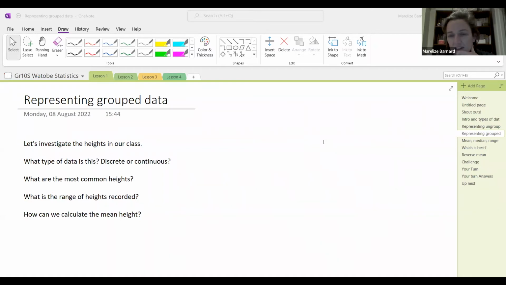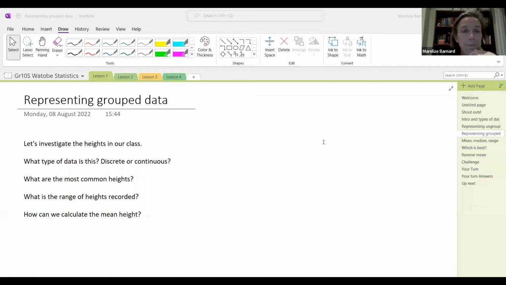Continuous, discrete. Okay, so let's think about it. We are measuring height. Height can be any decimal number, so it is continuous. It's not just a specific value like a shoe size or an eye color. It can be a range of values with decimal numbers in it.